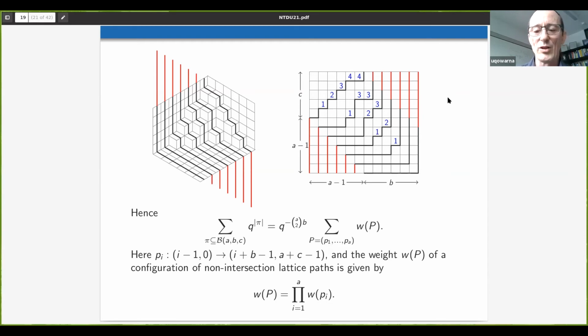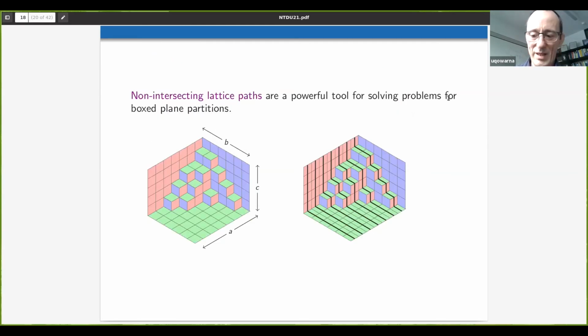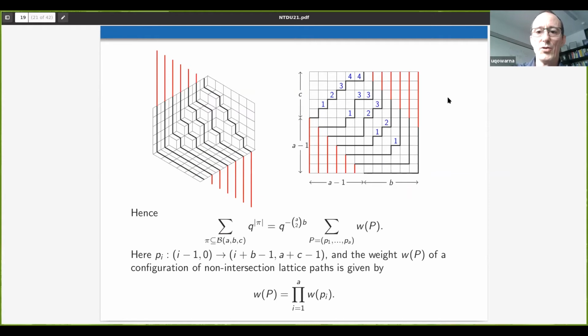And if you want to get the volume of this plane partition, you again just need to keep track of the heights of the horizontal steps of the various Dyck paths, and you get exactly the same number.